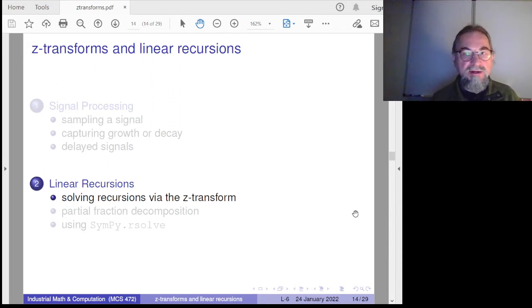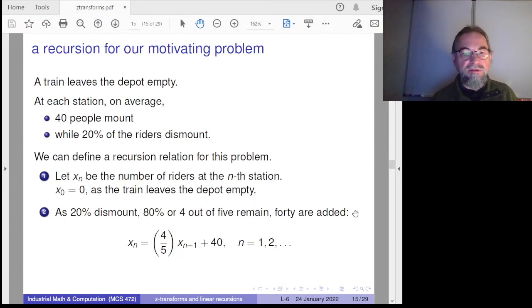Let us go back to our original problem and see how that can lead to a recursion relationship. So here is our motivating problem again. We want to have an idea for the evolution of the number of riders on our train.